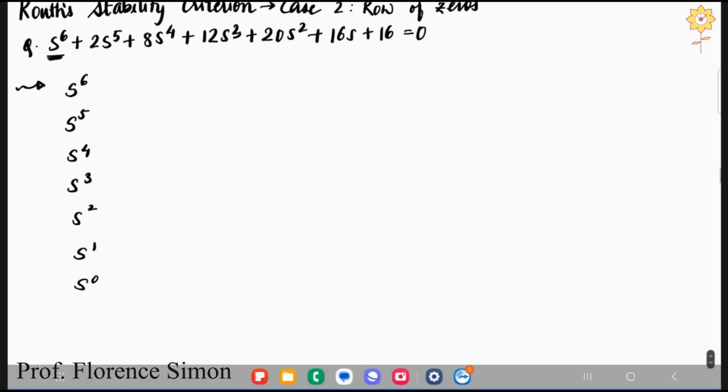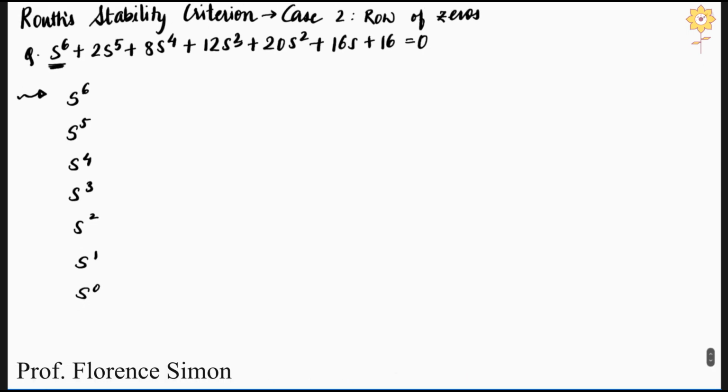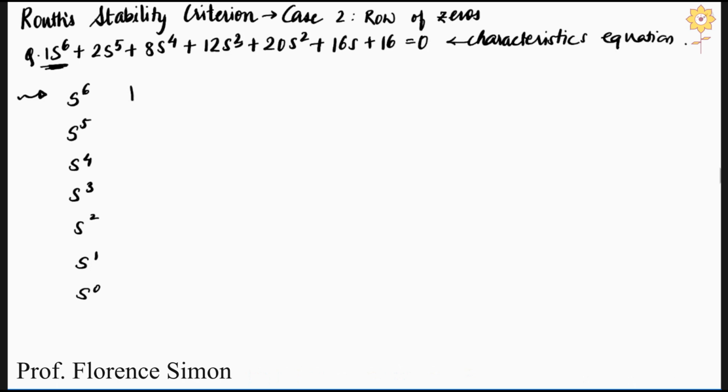Now, with the help of the characteristic equation that is given to us, we will be able to fill the first two rows of the Routh's array. So let's do it. Starting with s raised to 6, we will write 1, right?